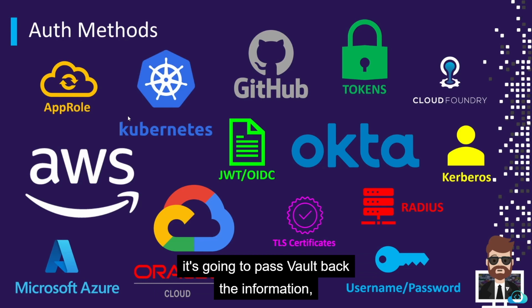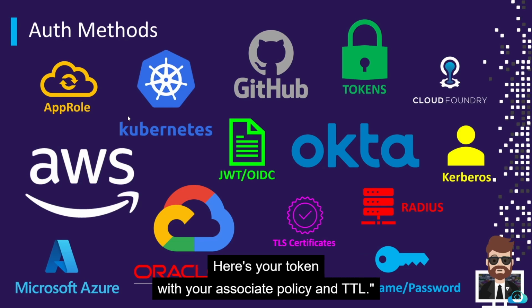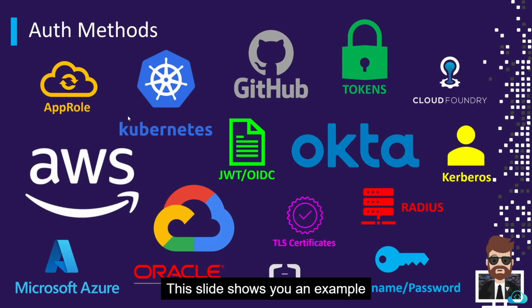It's going to pass Vault back the information. And Vault's going to say, cool, I know who you are. Here's your token with your associated policy and TTL. So this slide shows you an example of all of the authentication methods that are valid up to today. And I believe Vault is at 1.7 or 1.8. So it should be pretty up to date.